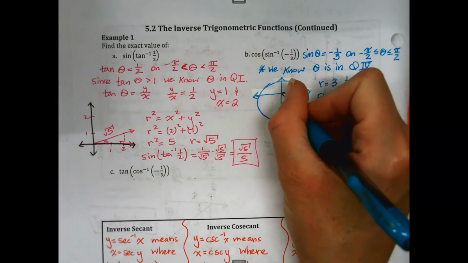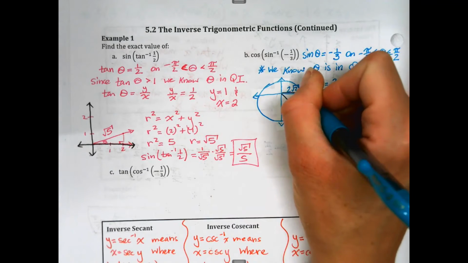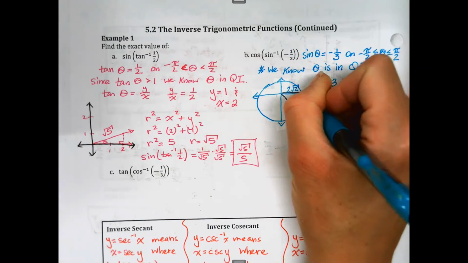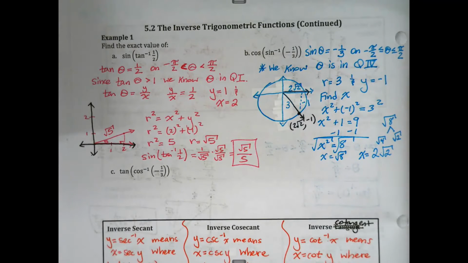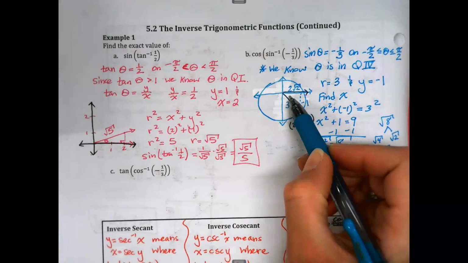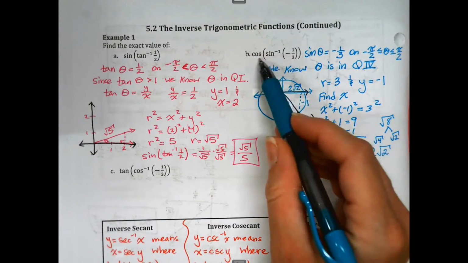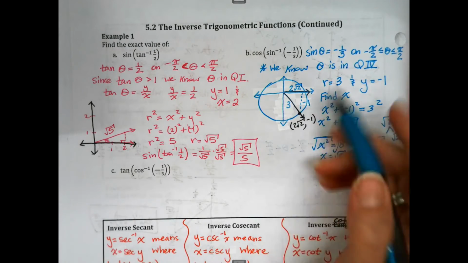So our radius is 3. This distance is 2 square root of 2. And then this distance is negative 1. Not exactly drawn to scale, but you get the idea. So now we need to utilize this angle to find the cosine. Well, cosine is always x over r.